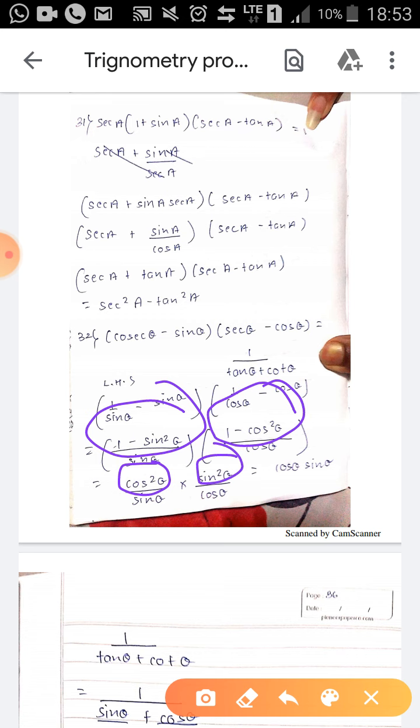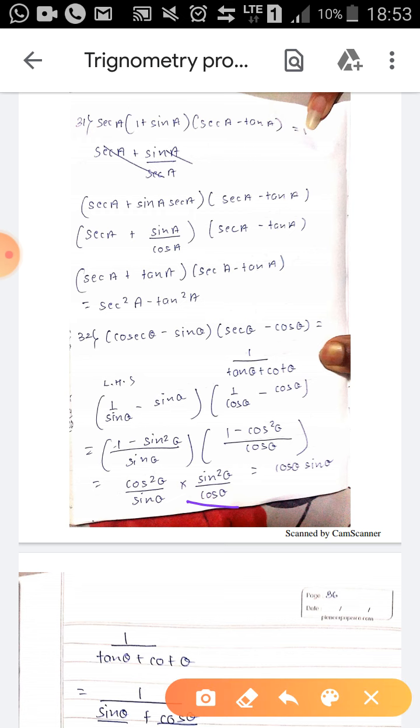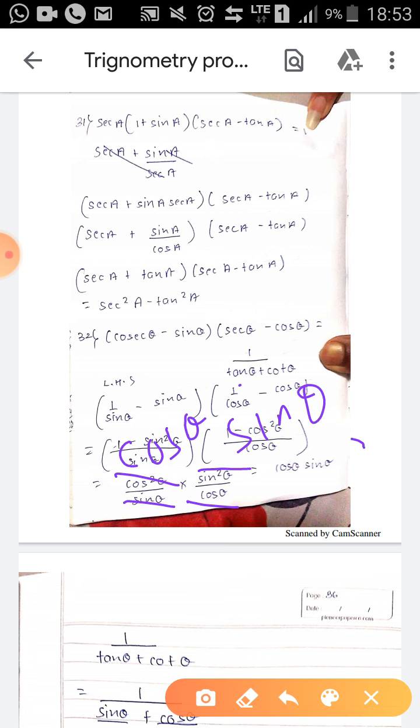Now these things get cancelled out. Cos theta and cos square theta get cancelled out, and what remains is cos theta. Sin theta and sin square theta get cancelled out, and what remains is sin theta. So the final thing you get is cos theta into sin theta.